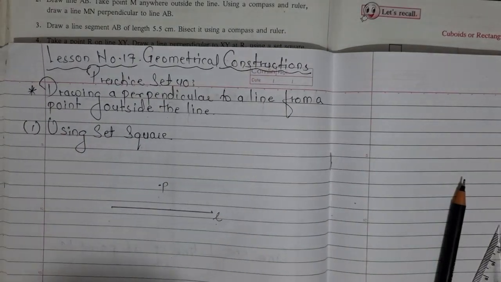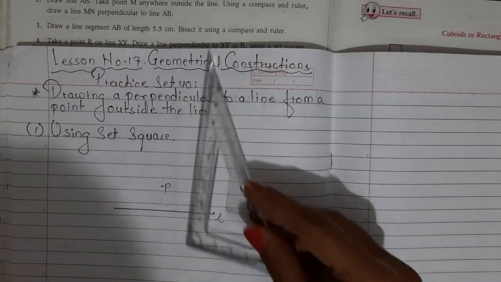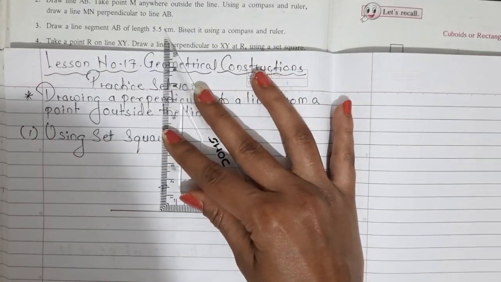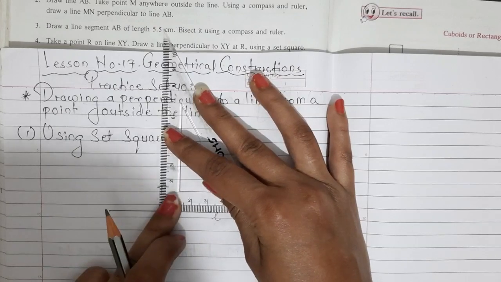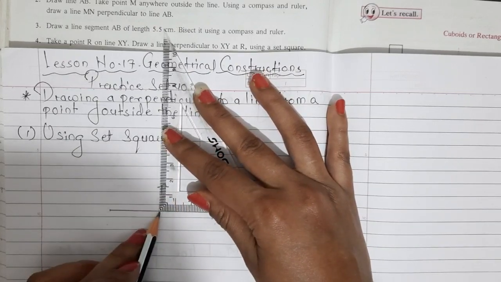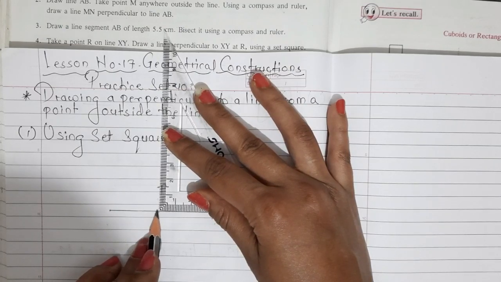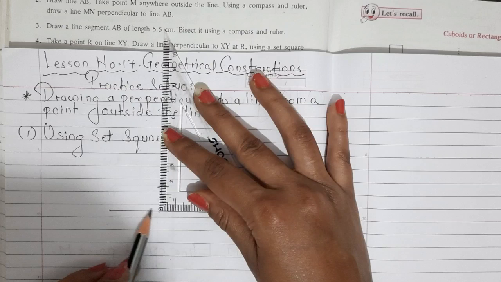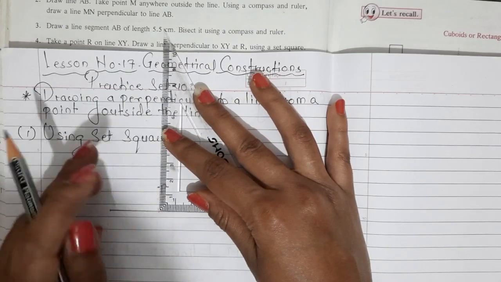Now with the help of a set square, I will place my set square on line L in such a way that its vertex touches line L, and the other arm of the set square touches the point P like this.